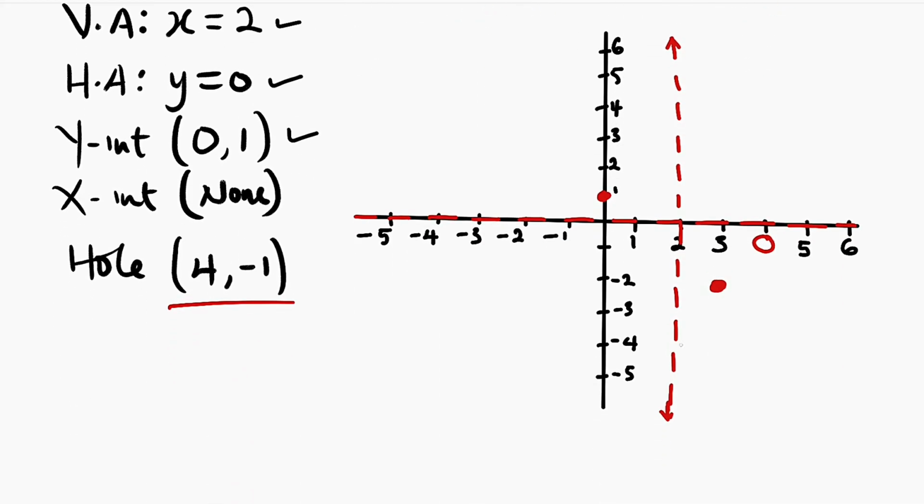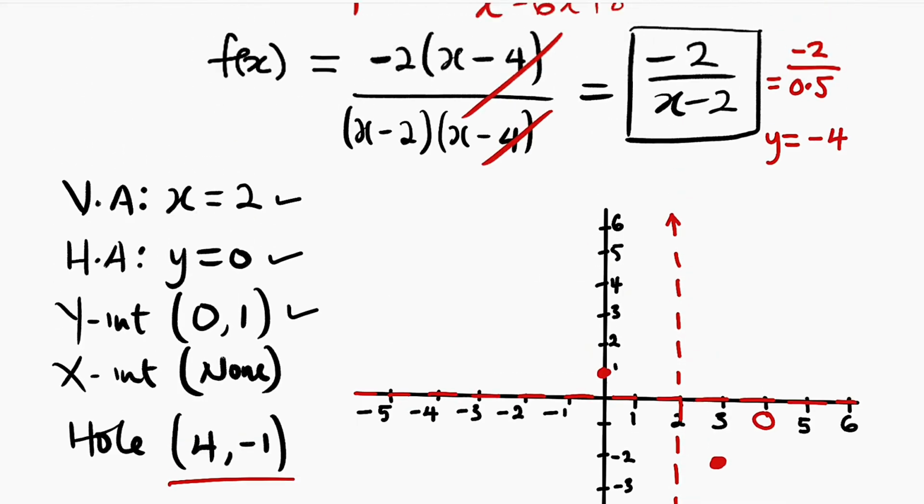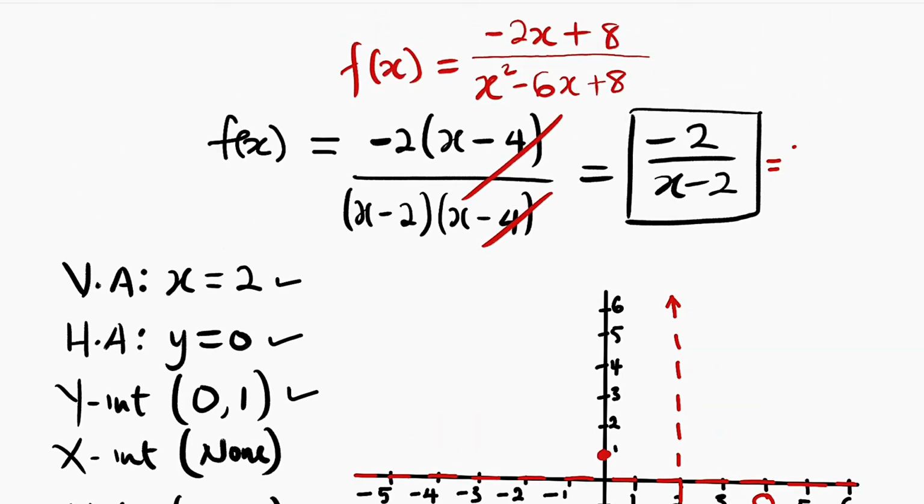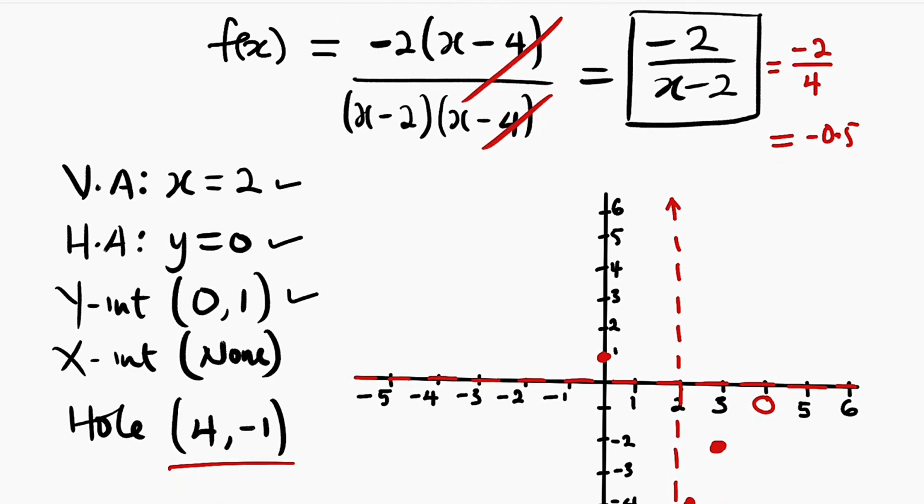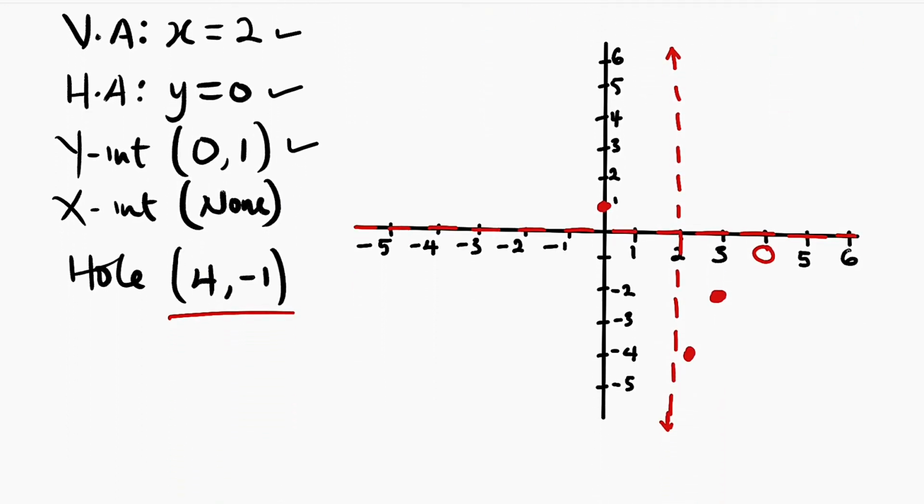So we have negative 4 exactly here. Okay, let me test when x is positive 6. We have negative 2 divided by 6 minus 2 is 4. And this will give us negative 0.5. It means that when x is 6, y is negative 0.5, half, exactly here. All right, let me connect these points together. And remember that this is our hole. The function is discontinuous at that point.